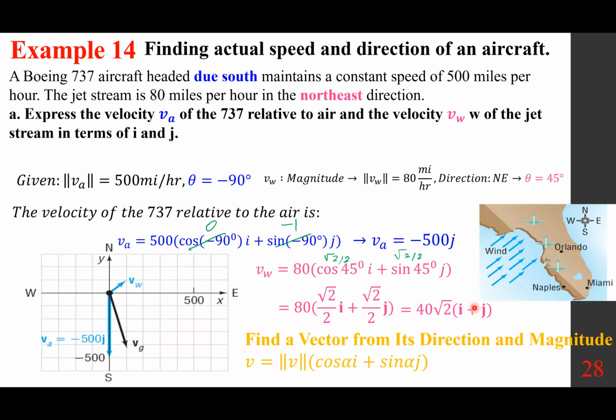So first thing first, the question was to express the velocities V sub A and V sub W with their components. This one is relative to air, and this one is the wind, so we represented both with their components.